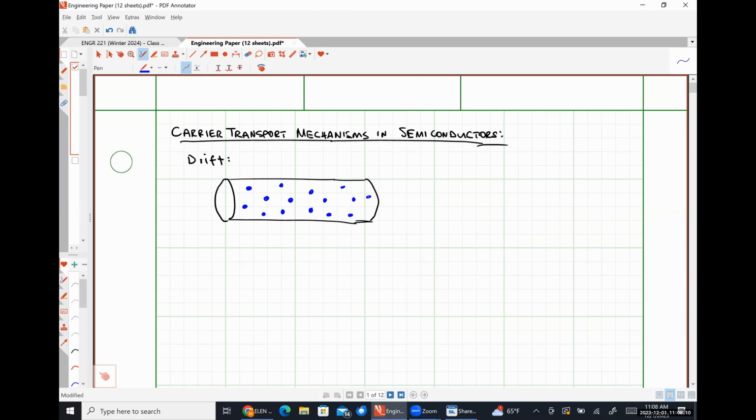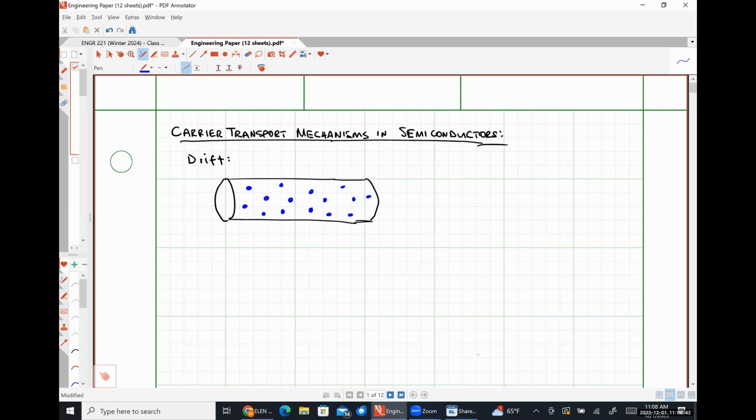So we have some number of random electrons in our wire, right? And at T equal to 0 degrees Kelvin, everything is stationary. As our temperature increases, we should see that our free charge carriers have the ability to move because they have thermal energy. So what we should expect to see for a random piece of wire in and of itself is that we just have thermal motion of charge carriers, which means it's going to be randomly aligned.